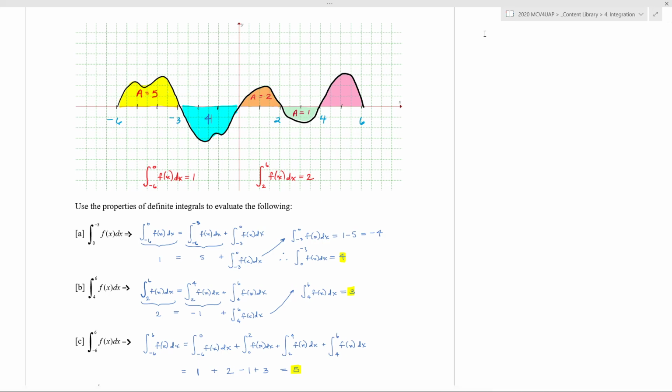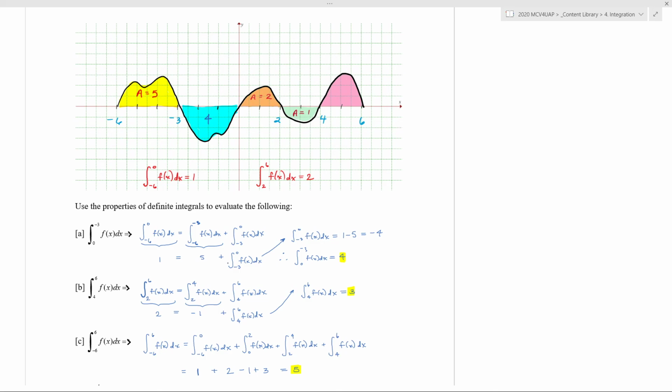We know the value of the integral from -6 to 0 is 1, and the integral from -6 to -3 is 5. We're looking for the integral from -3 to 0, or 0 to -3. If I can find the integral from -3 to 0, I'll just multiply it by -1 to get the answer for 0 to -3.